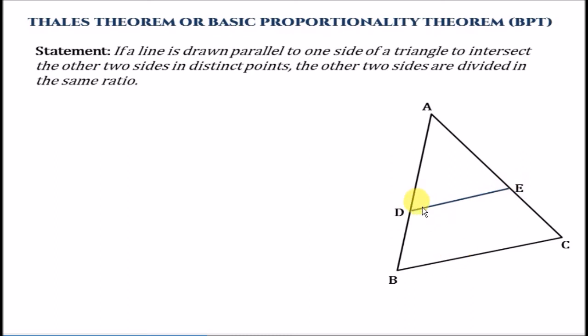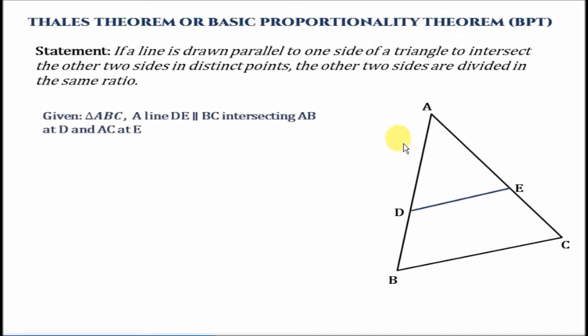Remember, we could have drawn a line parallel to side AB or a line parallel to side AC as well. Now let's write the given part. We were given triangle ABC and a line DE parallel to BC intersecting AB at point D and AC at point E. Now, the line segment DE, which is parallel to BC, is dividing the other two sides into two parts.